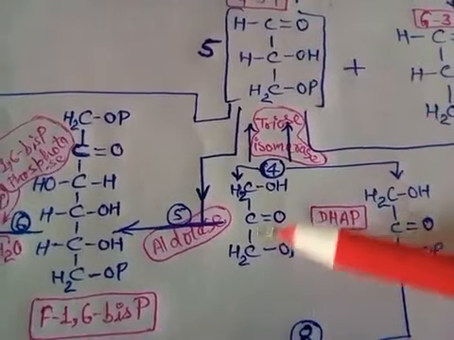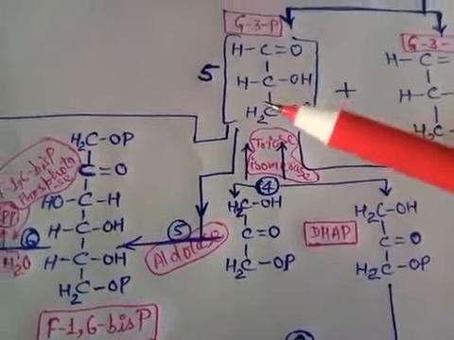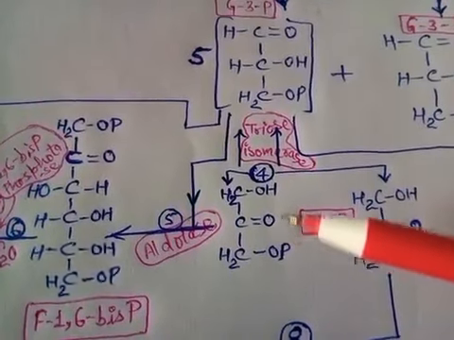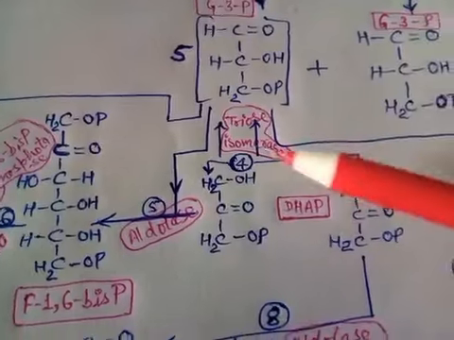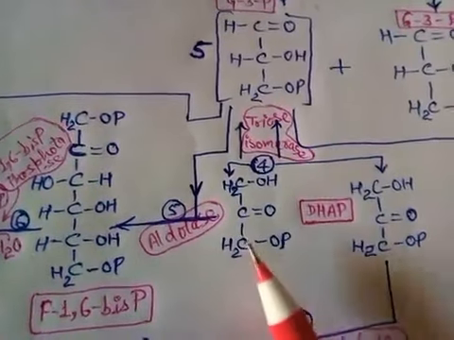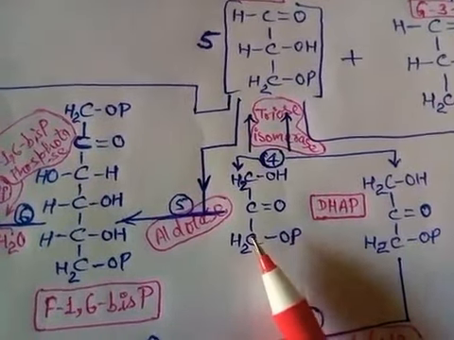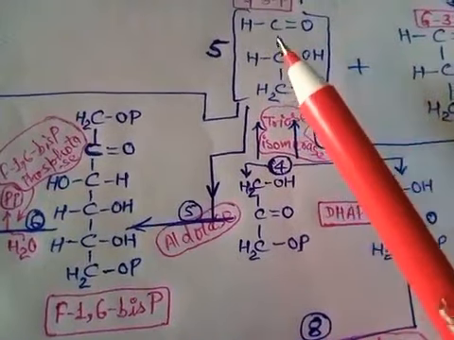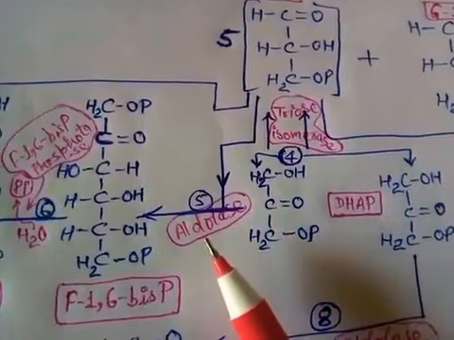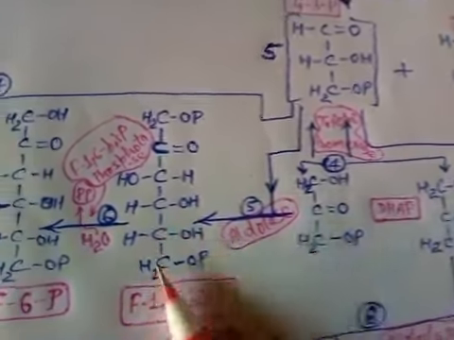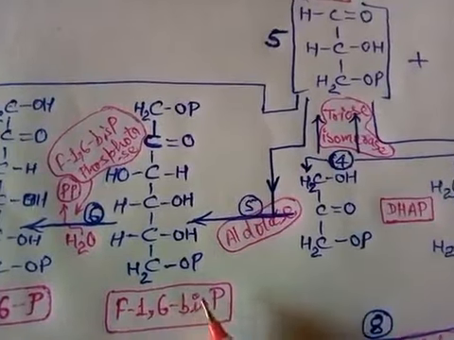Glyceraldehyde 3-phosphate and dihydroxyacetone phosphate are isomers of each other. Now 1 molecule of dihydroxyacetone phosphate further combines with 1 molecule of glyceraldehyde 3-phosphate in the presence of aldolase enzyme and is converted into fructose 1,6-bisphosphate.